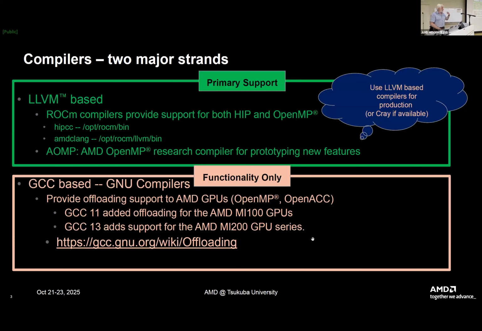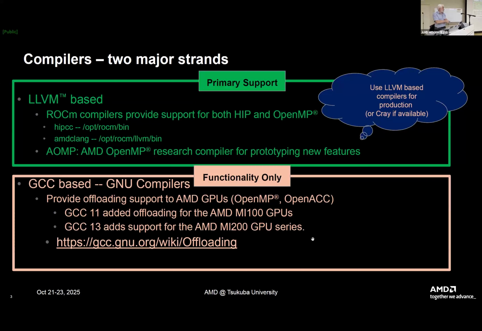GCC, AMD funded GCC for a while to try to do offloading. And so there's a little bit of support in the GCC compilers, but the performance was not acceptable. So that path to getting good performance out of GCC for offloading was abandoned for the time being.